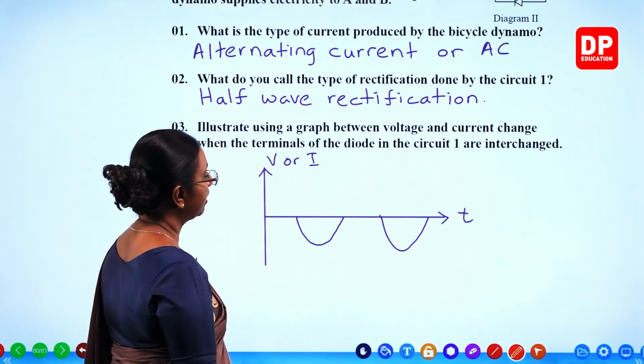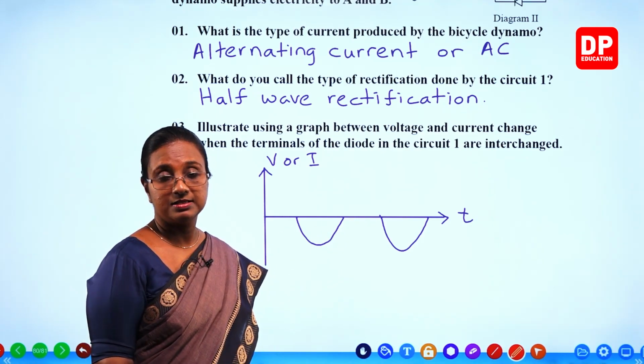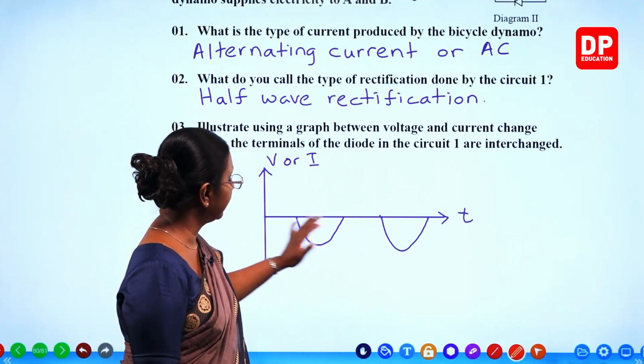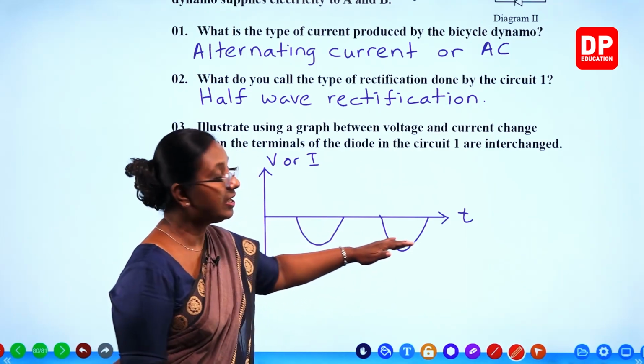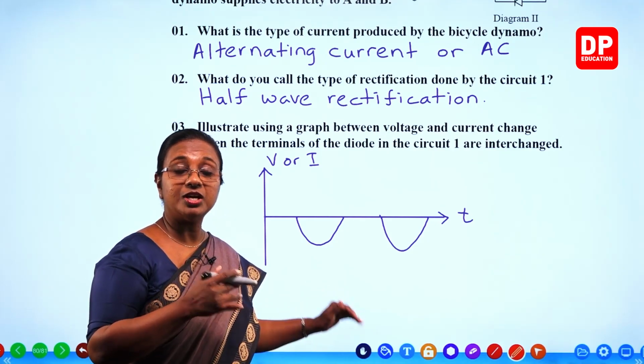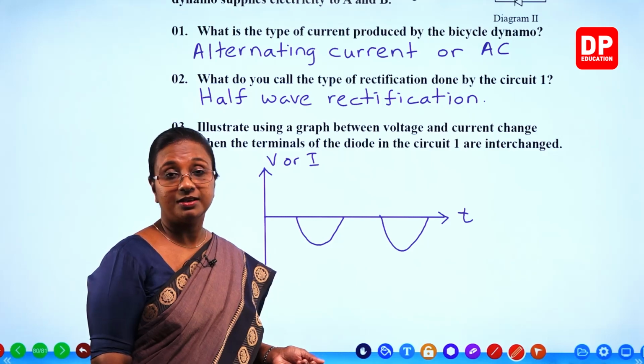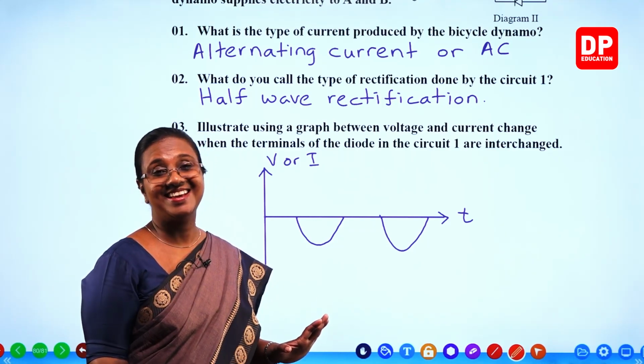The negative half cycles will be allowed through the circuit. Only that, here also the current is flowing in the same direction. They are in the negative direction but only in one direction. So, it has been half wave rectified. I am sure you all can understand that.